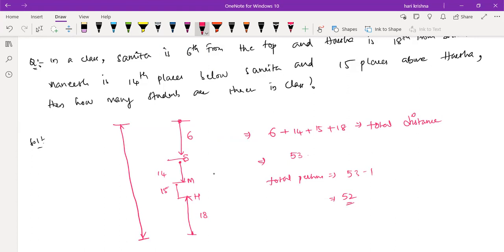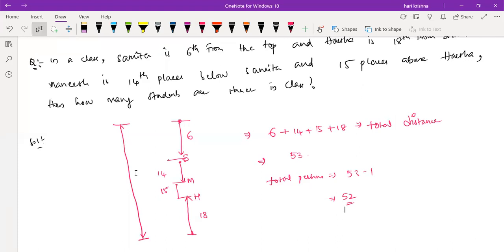Order and ranking. Still anyone has any issues in solving the problems in order and ranking? Either left to right or right to left or top to bottom, bottom to top. You have done the various sums. No doubts.